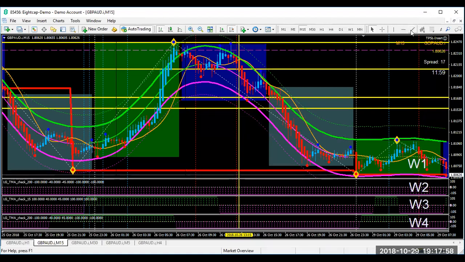Okay, my first take profit, if I were able to enter, would be there. I've taken profit. Price has retraced up there. I've got a blue dot alert.